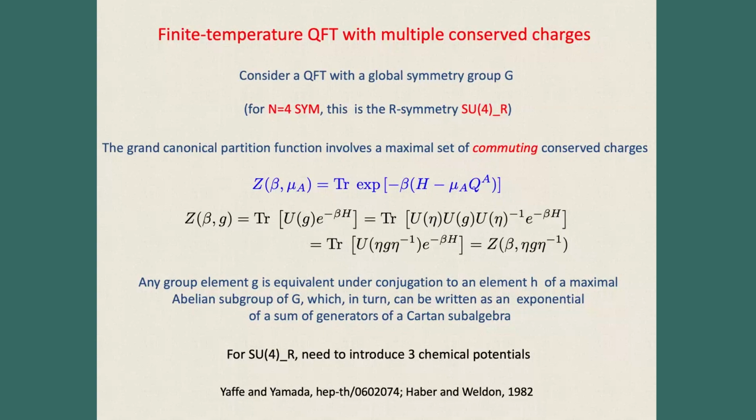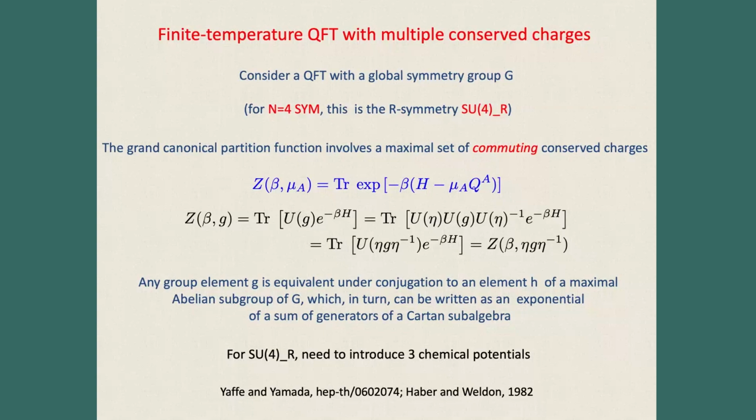But you don't have to do it. I mean, you can do it, but it's not necessary. You can get away with the maximal number of commuting charges in the Cartan subalgebra, and this follows from a very simple calculation of the partition function, which involves a trace, right? It involves a trace.